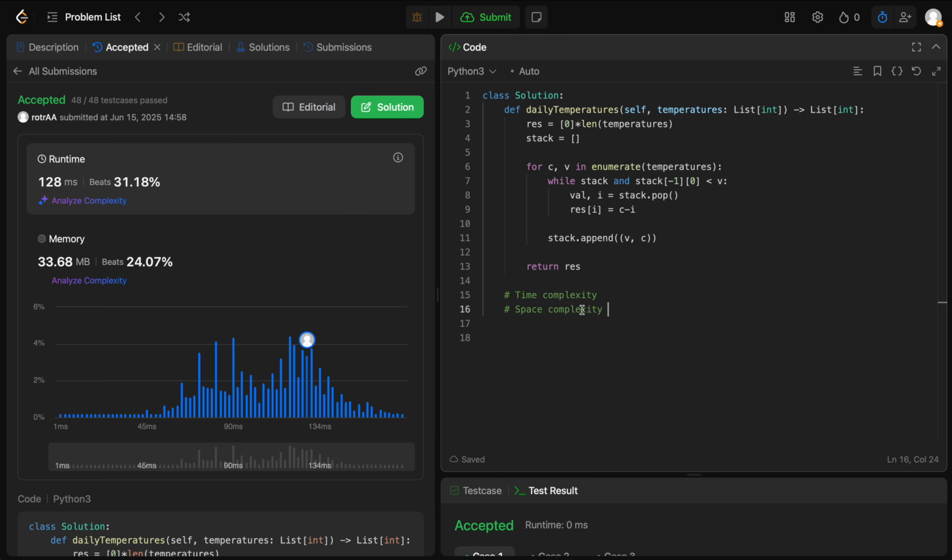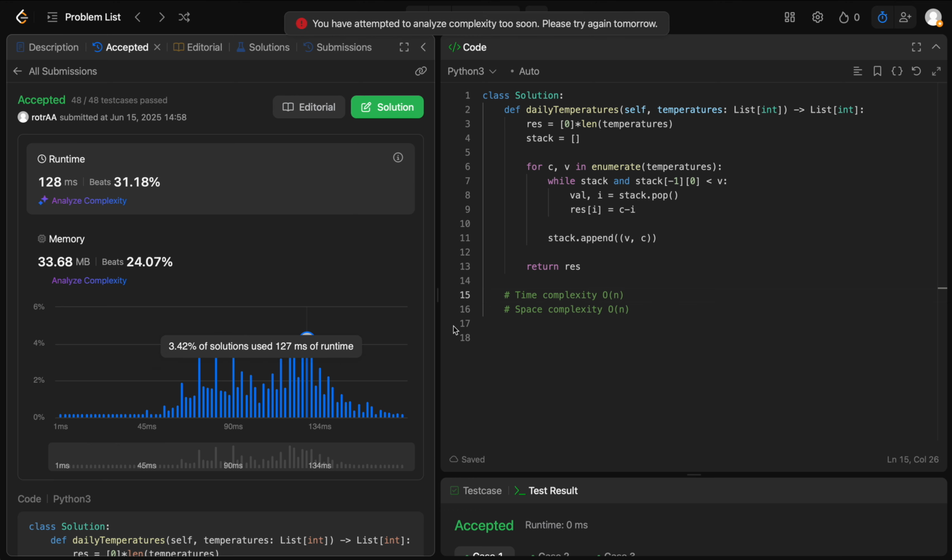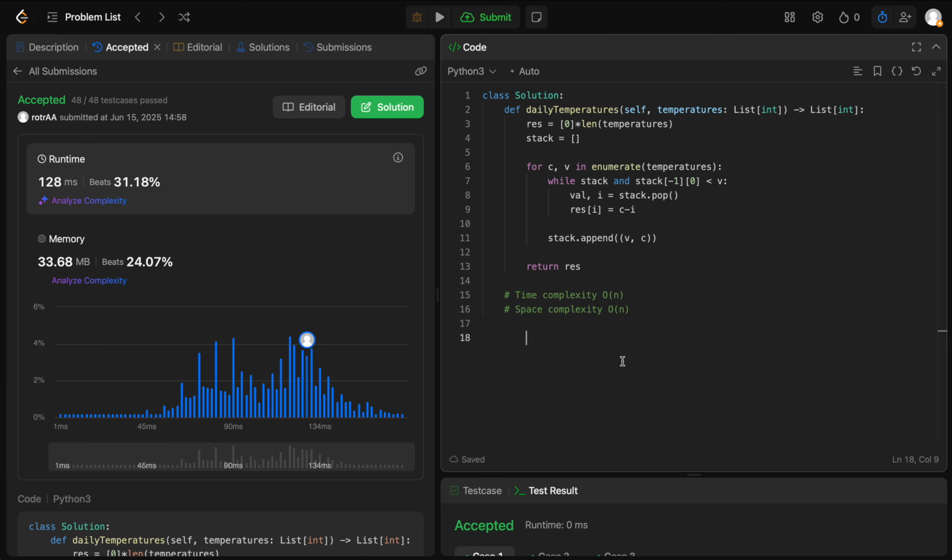Space complexity is O(n) for the result, and time complexity is O(n).